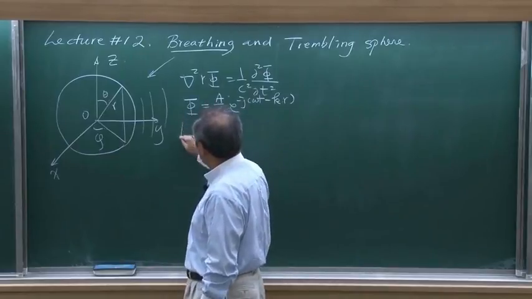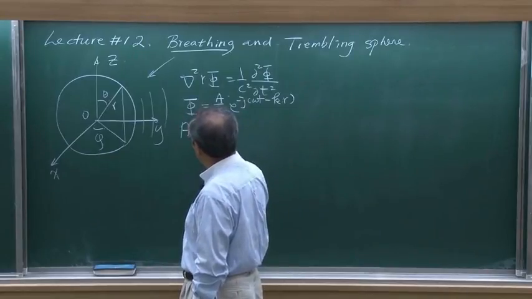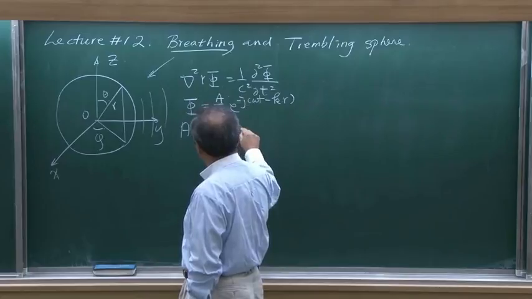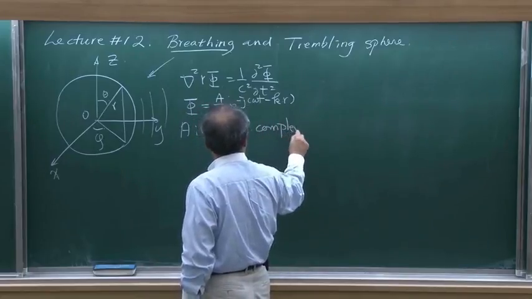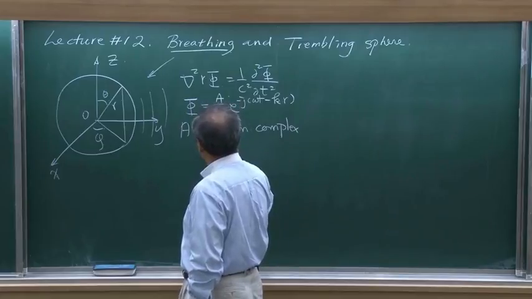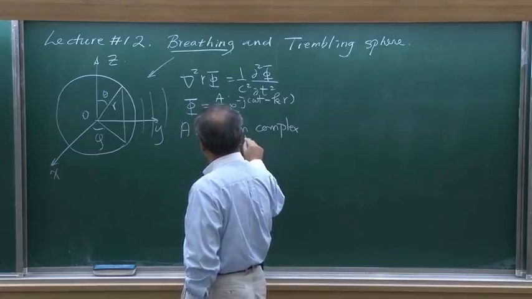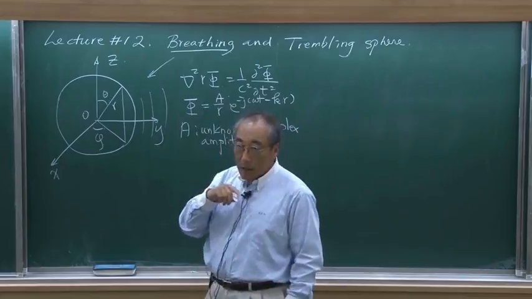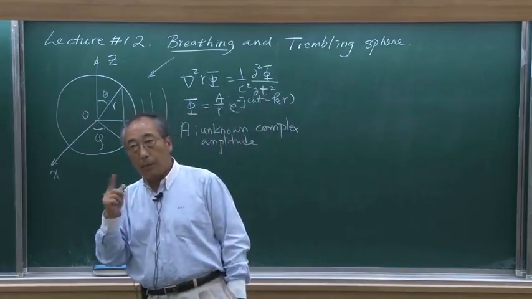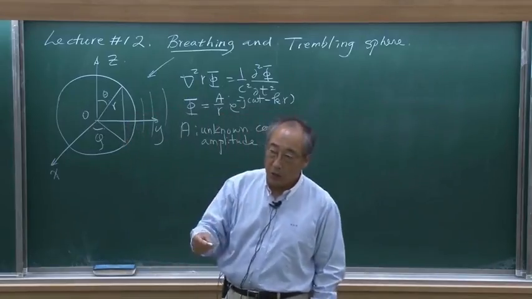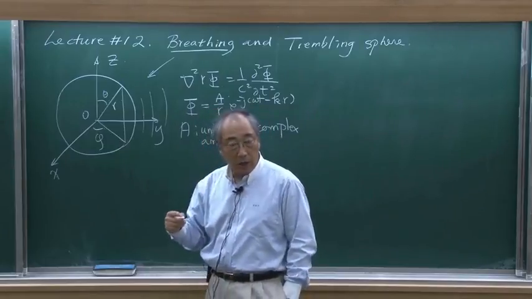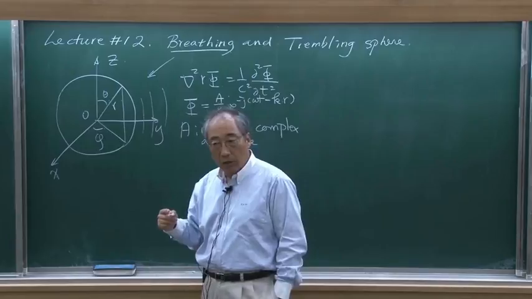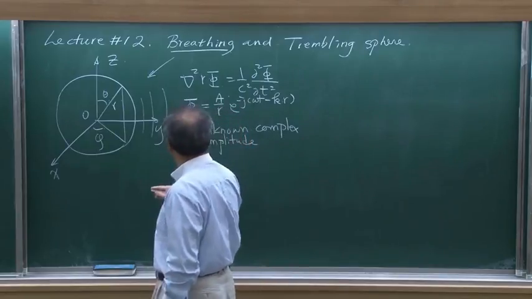And this unknown complex amplitude A can be obtained by invoking another equation, logically, and that other equation should come from the boundary condition.